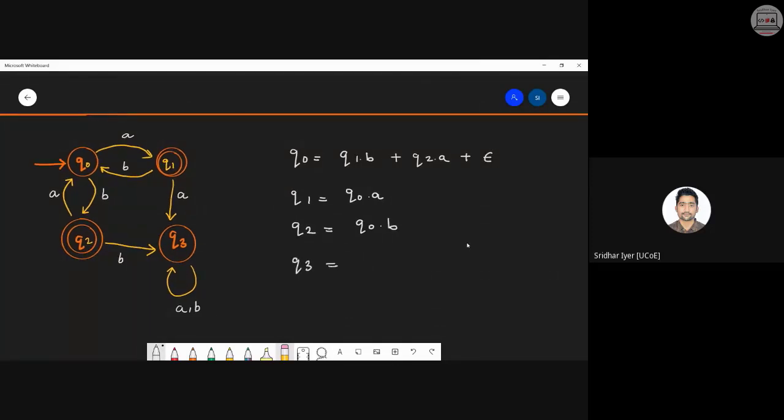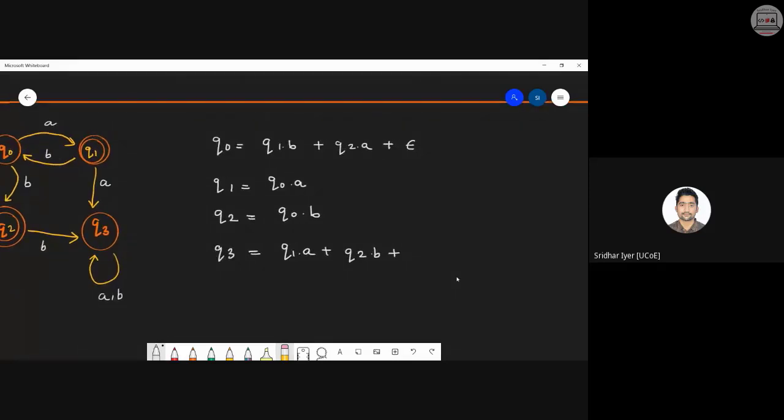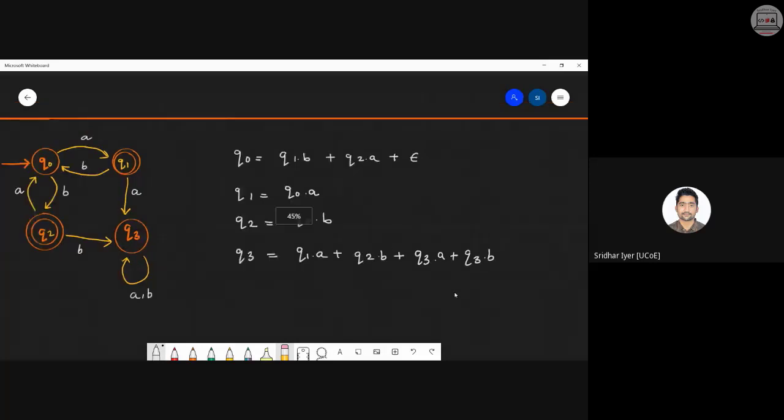Q3 has three incoming. In fact, four incoming because it has a self loop. So I have to write it like this: Q1 dot A plus Q2 dot B plus, both loops of Q3 are on it, so it is Q3 dot A plus Q3 dot B. Clear? Kindly have a look at the diagram once again and then check your answers.